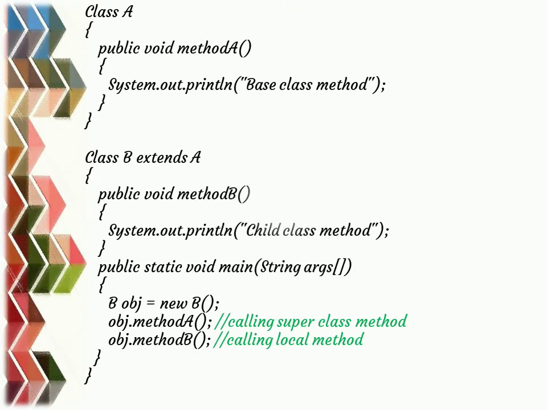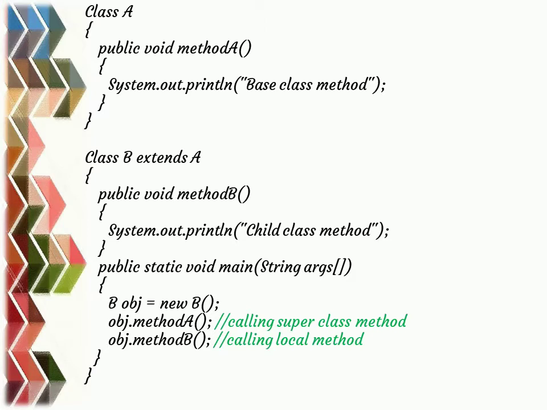We'll see single inheritance given in a program. So look at class A. In class A, we have a method A. It is just a System.out.println, base class method is given.